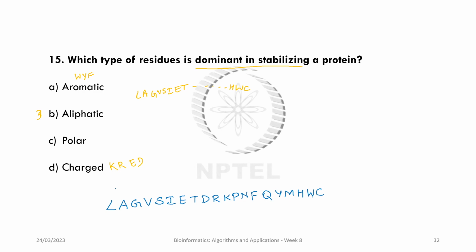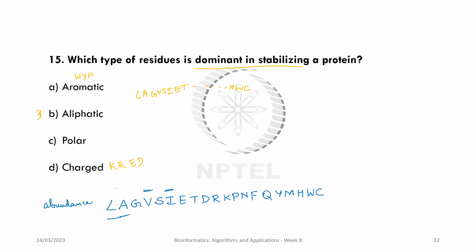So this was one source of amino acid abundance. Aromatic would be WYF, aliphatic are AVLI.